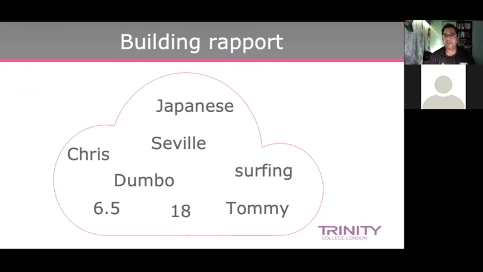And essentially over here, students start to ask you questions. Is Japanese your favorite food? Or have you been to Seville? And what is surfing? So you get a chance to, in a very hand-holding way, have students take the initiative.